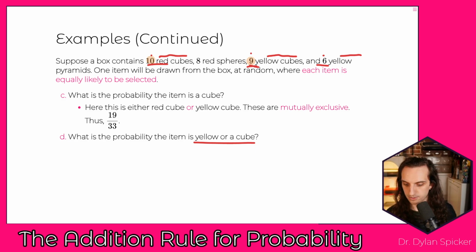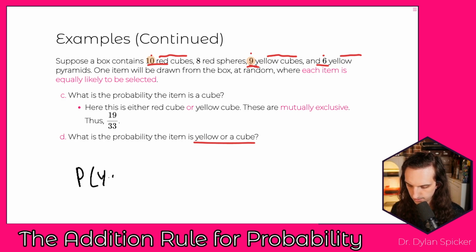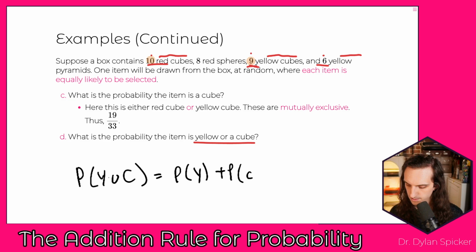The other thing that we could do, if we didn't want to reason through that whole process, is say this is the probability that it's yellow, union, the probability that it's a cube, because yellow or a cube is yellow union cube. So that's the probability that it's yellow, plus the probability that it's a cube, minus the probability that it's a yellow cube.